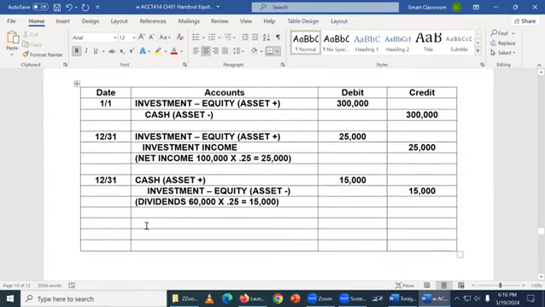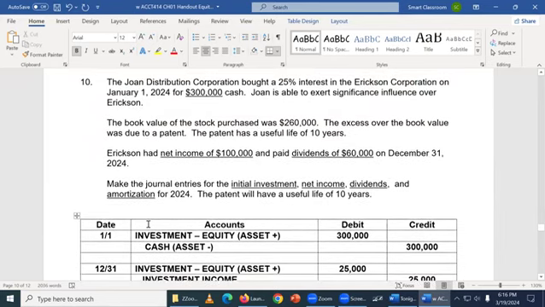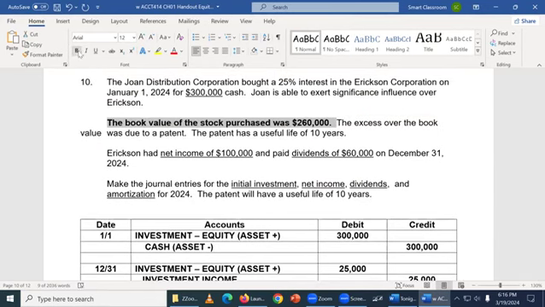Okay, the last one is the wacky one. They tell us that the book value of the stock purchased was 260,000. They don't tell us the total assets and the total liabilities, but whatever the difference is between those two, it was 260,000. The excess over the book value was due to a patent. Okay, so how much was the patent worth?